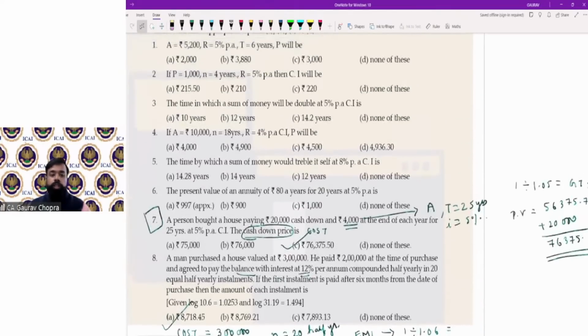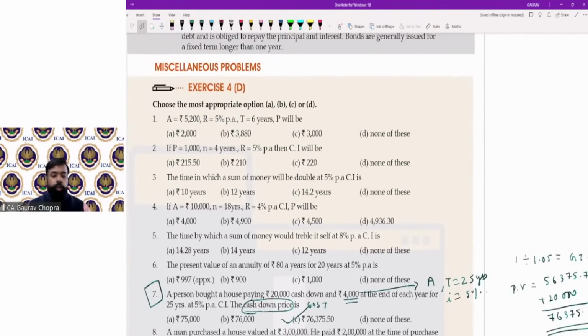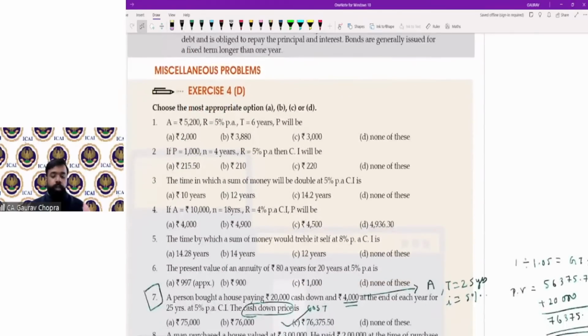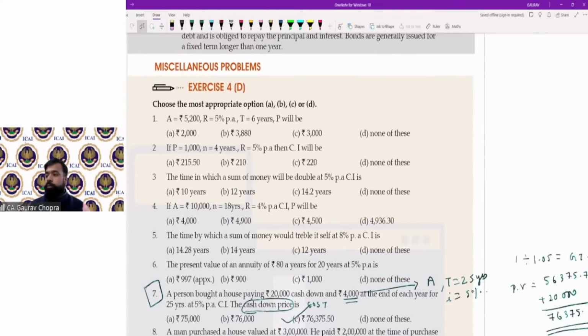So all the concepts, all the questions are done. So any doubt in a question, we can take 1 or 2 questions now. So if there is a doubt in any question, let me know. So let's take 1 to 2 questions. Ritu, Janvi, Saloni, everyone has also given the answer.